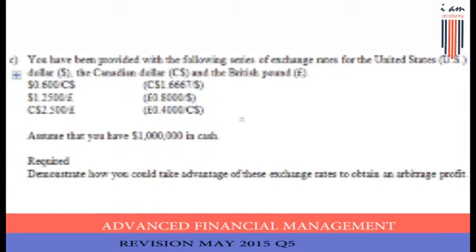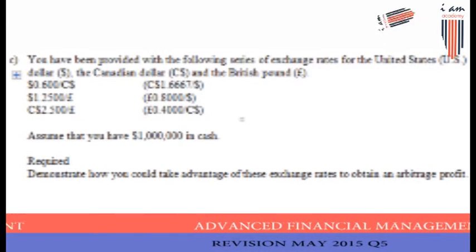The next rate we have been given is 1.25 US dollars equal to 1 sterling pound, British pound, or it can be written as 0.8 pounds equal to $1.